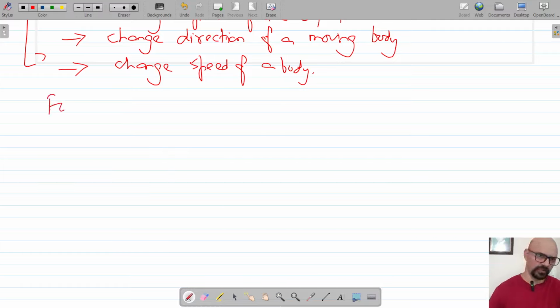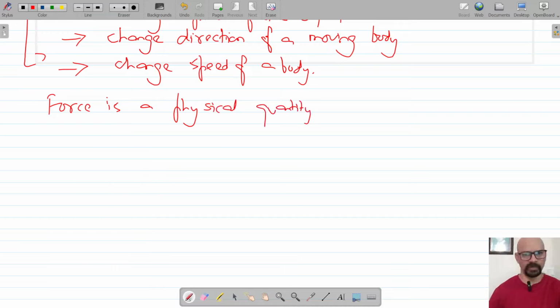Force is a physical quantity, and because it has both magnitude and direction, it is a vector quantity.